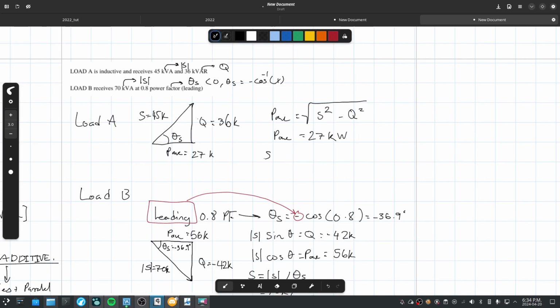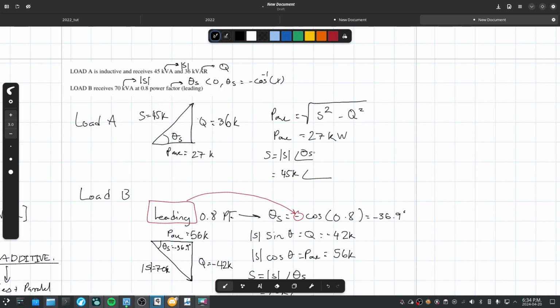And for A, S is going to be the magnitude of S with theta S. That's going to be 45,000 at an angle of, how do you find the angle?